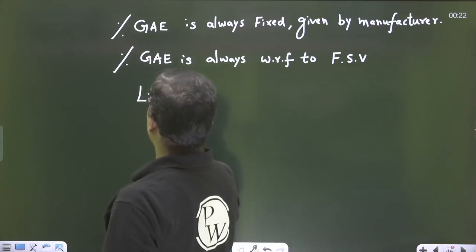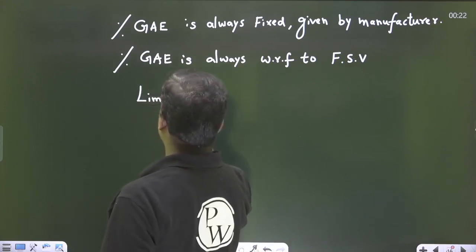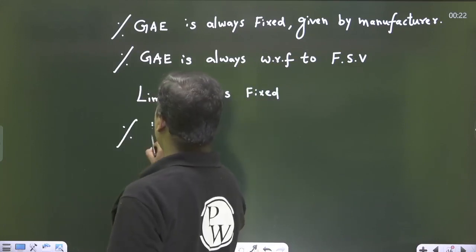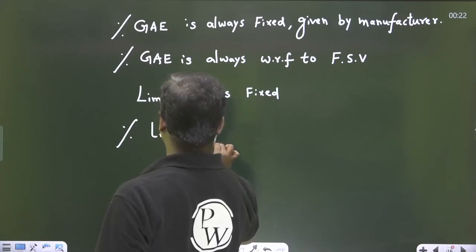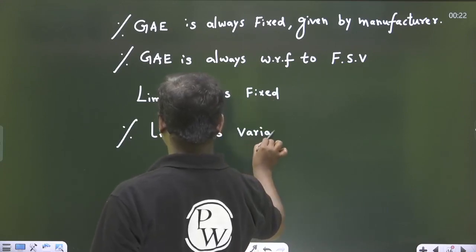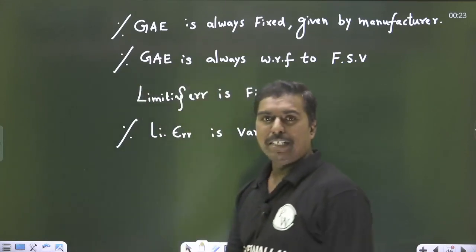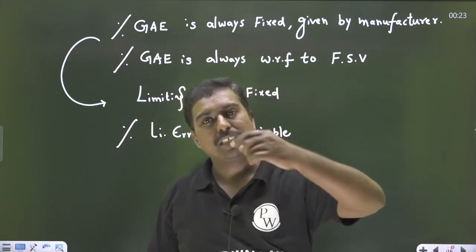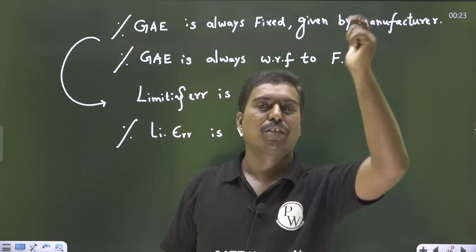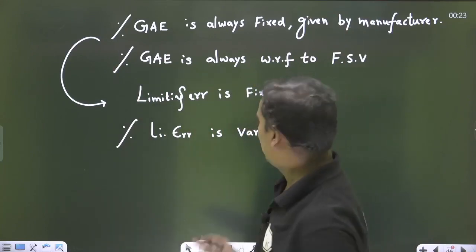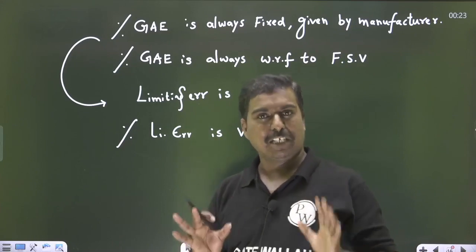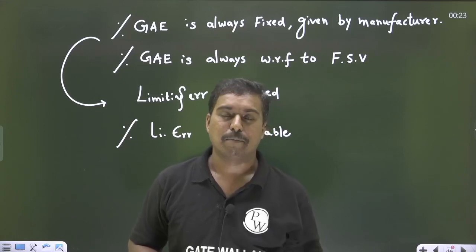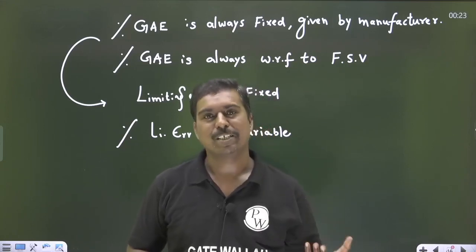Limiting error is fixed. Percentage of limiting error is variable. Limiting error and guaranteed accuracy are almost the same words, but guaranteed accuracy is the word specifically given when you are measuring for the full scale. So these are some important basic points: guaranteed accuracy error, limiting error, percentage of limiting error.